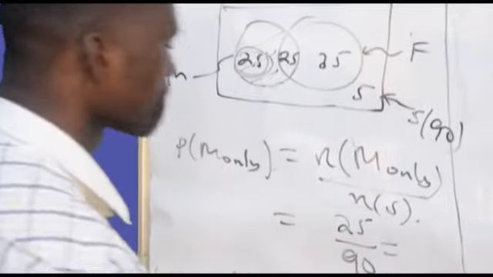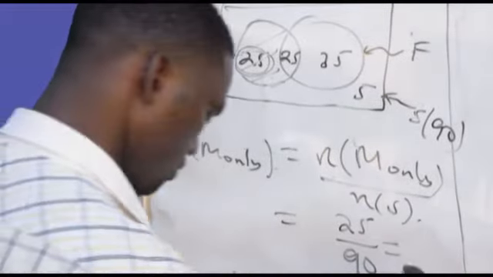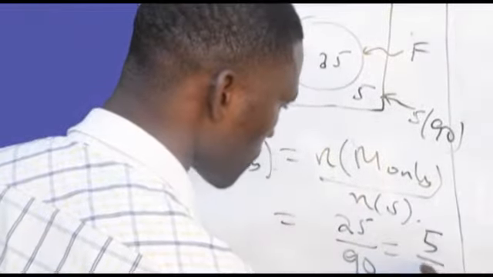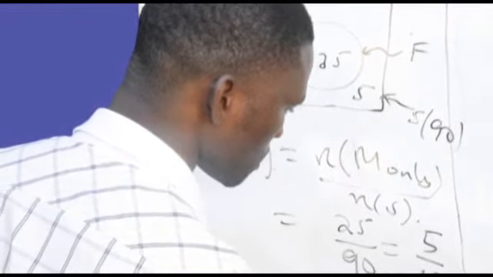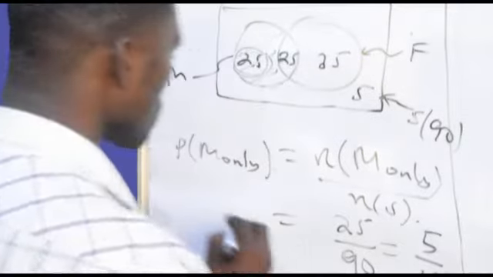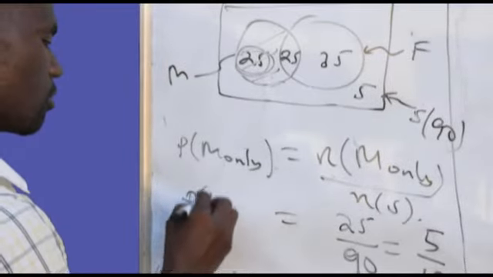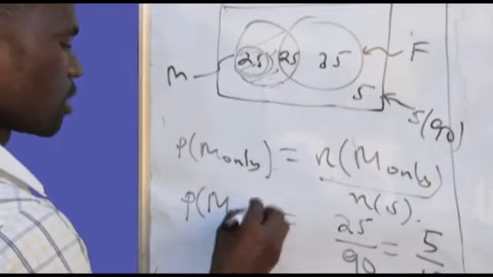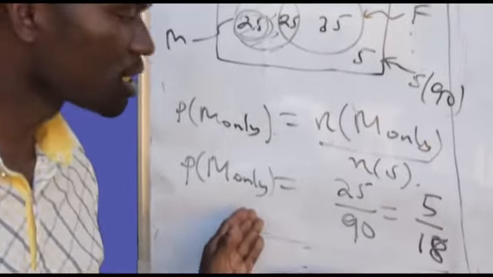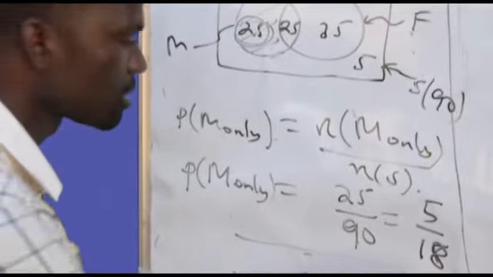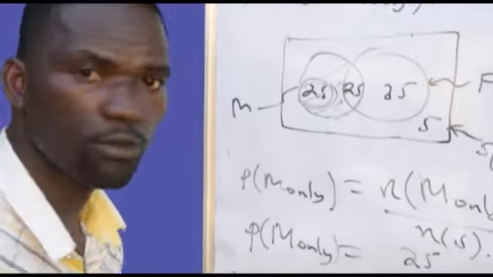Simplifying, you will have 5 out of 18. So this is the probability that a student selected at random will eat meat only. That is the solution for part B.